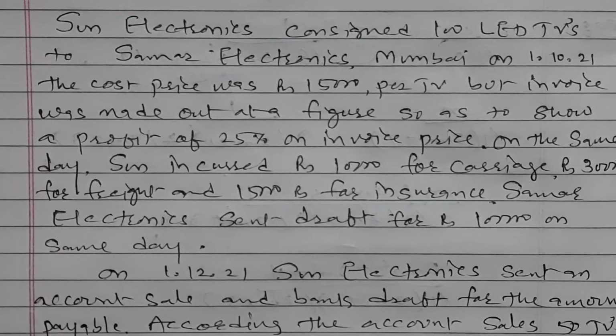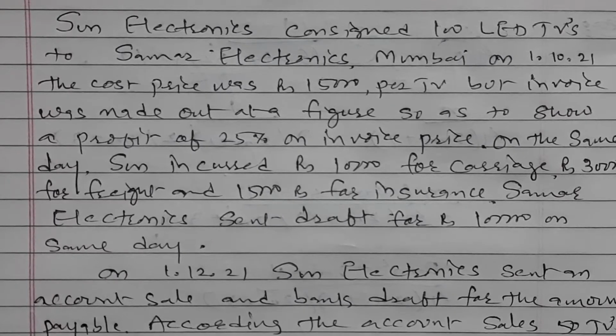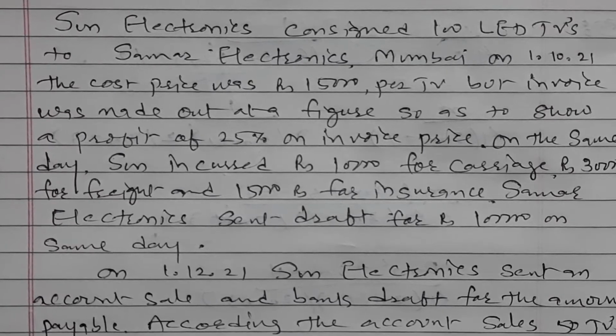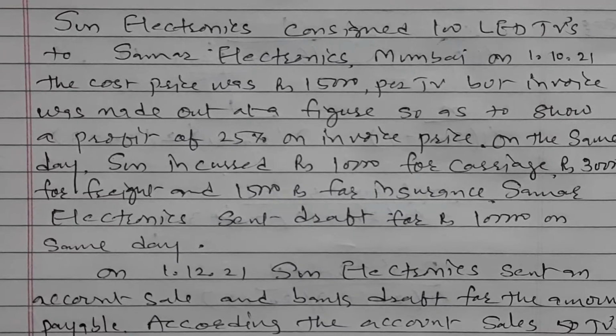The cost price was rupees 15,000 per TV, but invoice was made out at a figure so as to show a profit of 25% on invoice price. On the same day, Sun incurred rupees 10,000 for carriage, rupees 30,000 for freight, and rupees 15,000 for insurance. Summer Electronics sent a draft for rupees 1 lakh on same day.